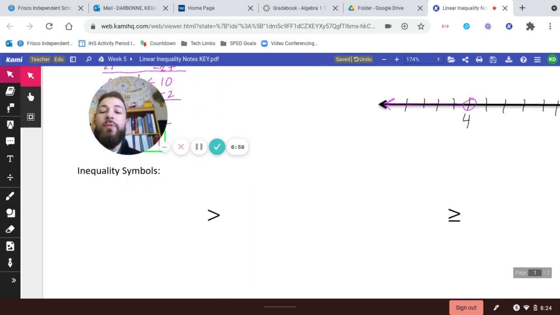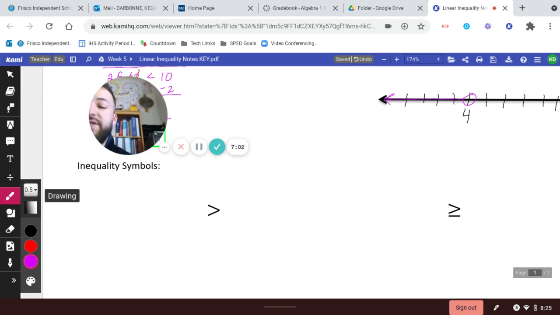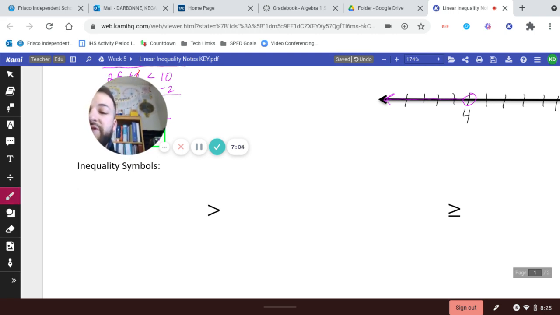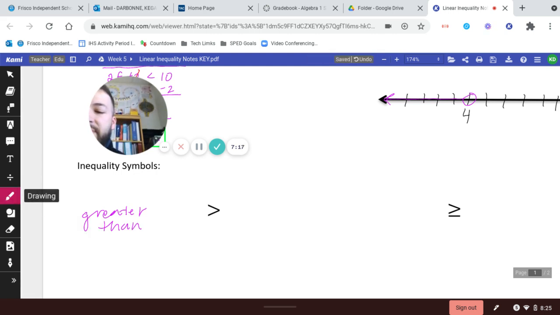So just as a reminder and a refresher for today in our inequality signs, so this is greater than or equal to, or sorry, greater than. So greater than, which means our arrow to the right, open circle when graphing.